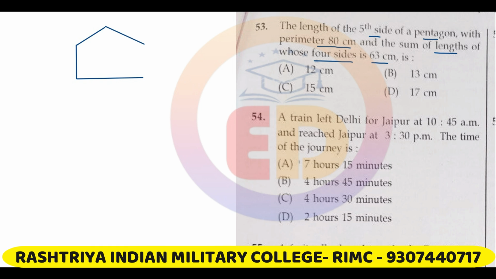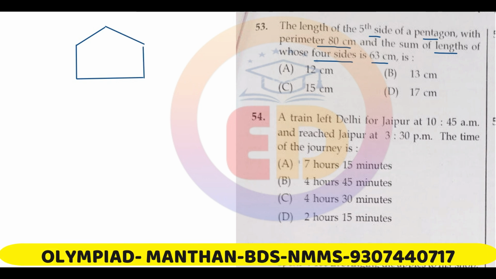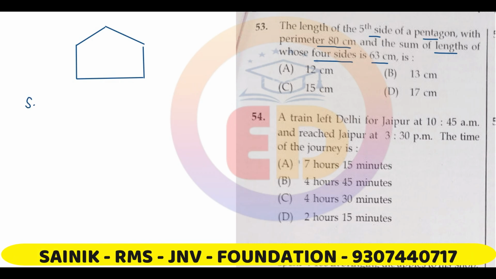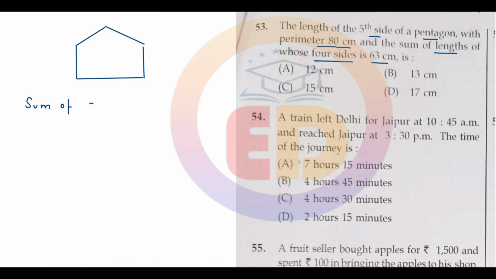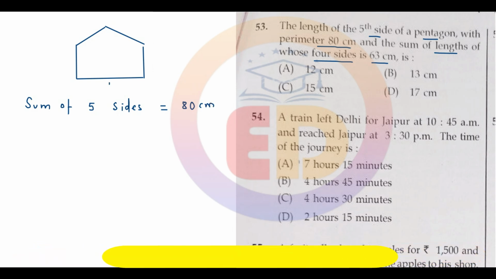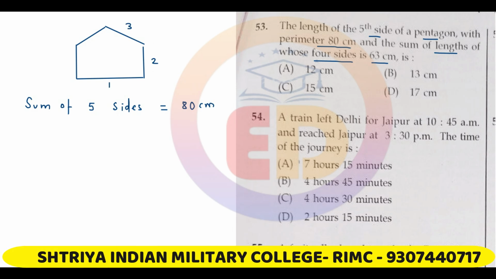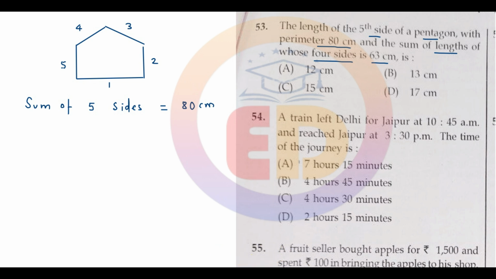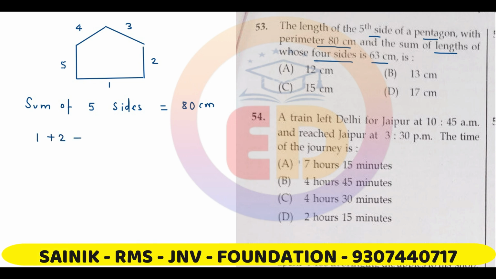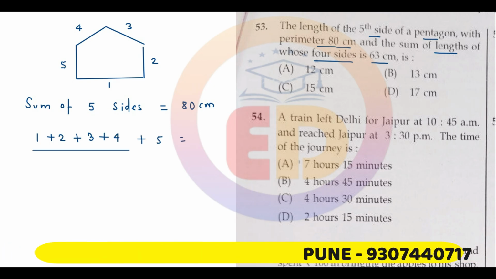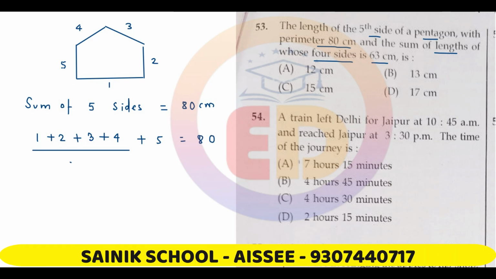Going through this question from the basics, this is a pentagon, and they say that perimeter, which is sum of all sides, here 5, so sum of 5 sides they say is 80, and these are the 5 sides, and they say the sum of 4 sides, 1 plus 2 plus 3 plus 4, sum of these 4 sides that they say is 63 centimeter.